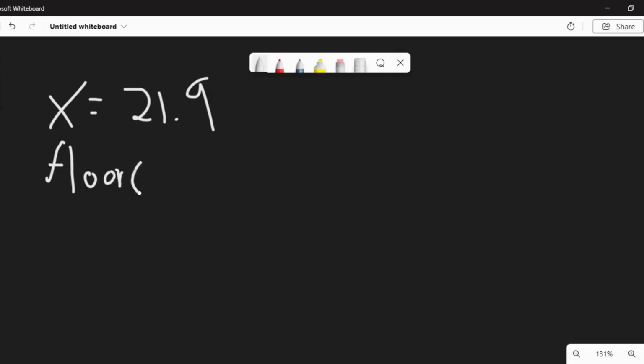Okay, now that you have a screen cleared, let's go over a couple of problems. Let's assume x equals 2.9. Now we have to find the floor of x, and let's say the ceiling of x plus 2.